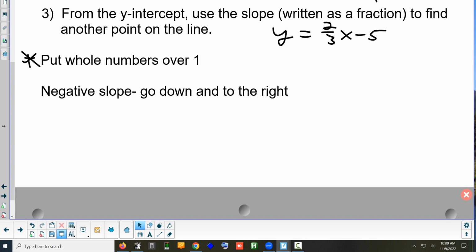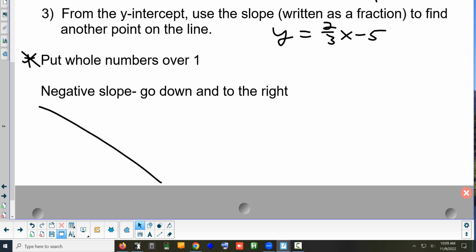And just a review of which directions are which. For a negative slope, you would go down, and then you go to the right. That's how we would do our rise over run. Down and to the right. If it was a positive slope, it would be up and to the right.